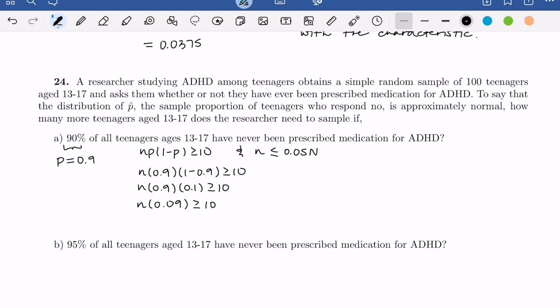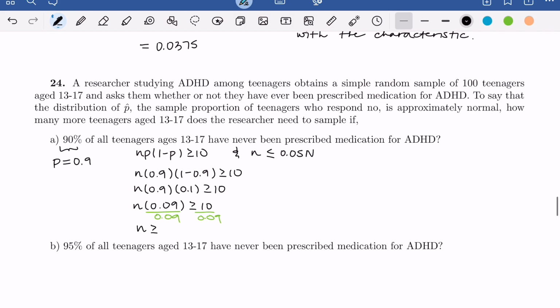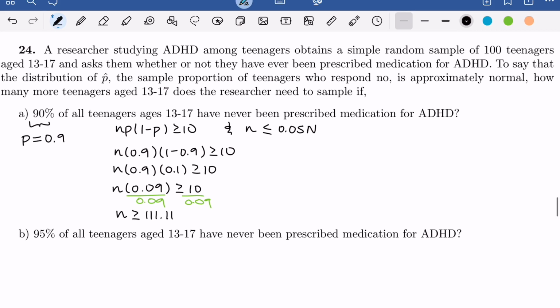So from here, we can solve for n by dividing by 0.09 on both sides of this inequality. Doing so, we get that n is greater than or equal to 111.11. So we need a sample size of 112.